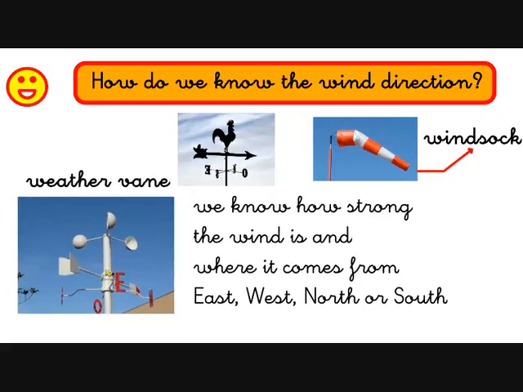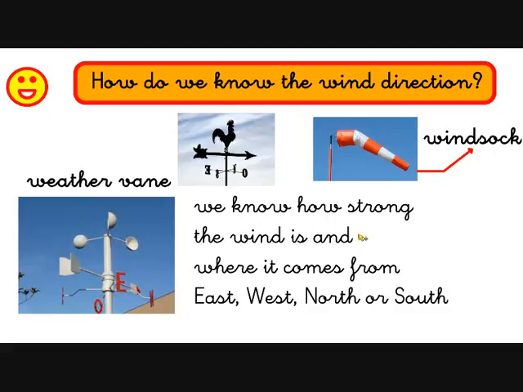Like this one too. This is another type of weather vane. Thanks to the weather vane, we know how strong the wind is, if it moves very fast or very slow, and where it comes from, yeah? Because the point of the arrow shows you if it's east, west, north, or south, thanks to the letters, yeah?